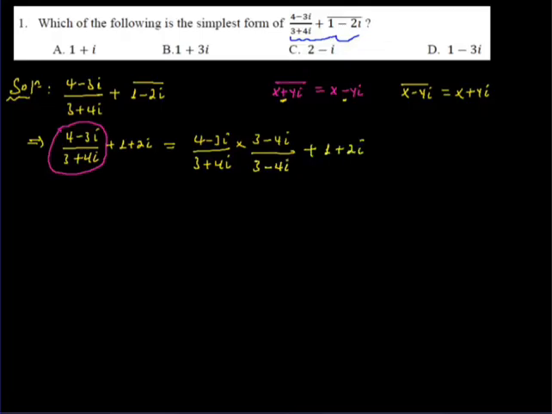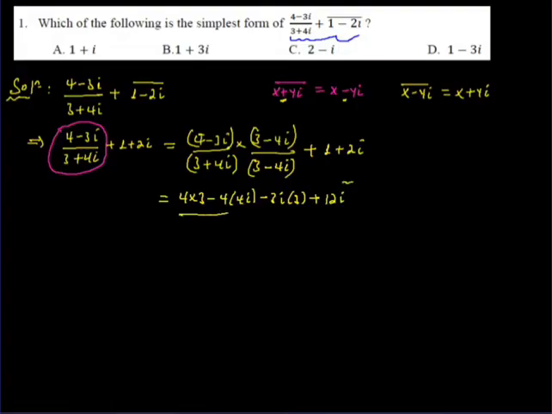Now let us multiply the things that we have here. Using multiplication of complex numbers, we multiply 4 by 3 first: 4 times 3 minus 4 times 4i minus 3i times 3 plus 12i square, over 3 square plus 4 square.